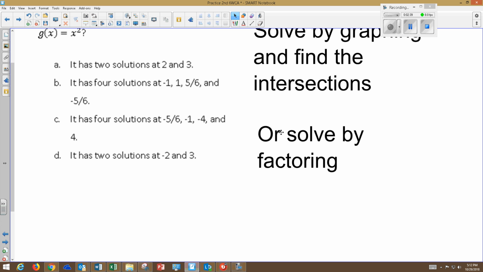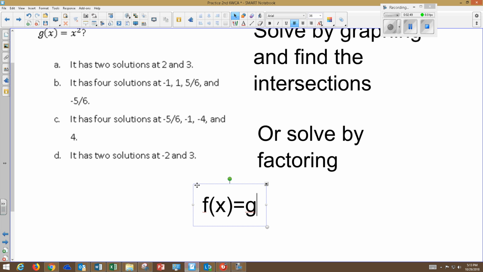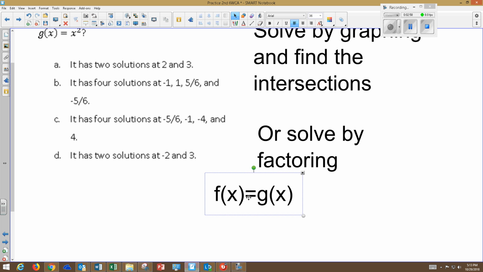Now we also could have solved this by factoring as well. Let's write the equation out. If we say f of x is equal to g of x, and they tell us that f of x is actually 5x minus 6.